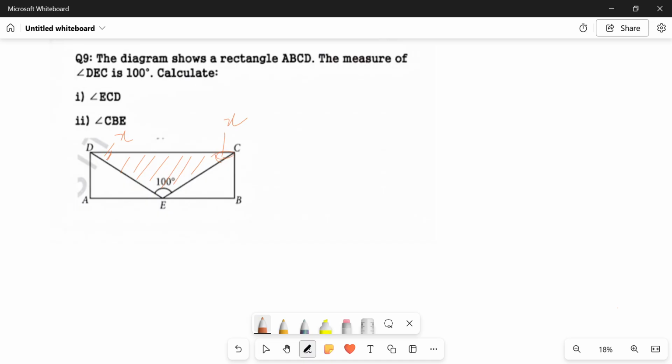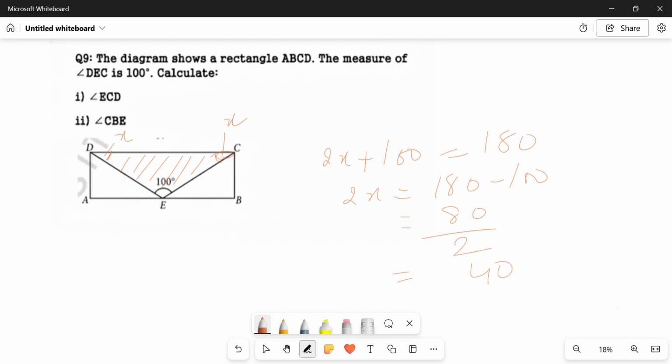So x and x give you 2x, plus 100 degrees, equals 180 degrees. So 2x equals 180 minus 100, which gives you 80, and when we divide by 2, it gives you 40.